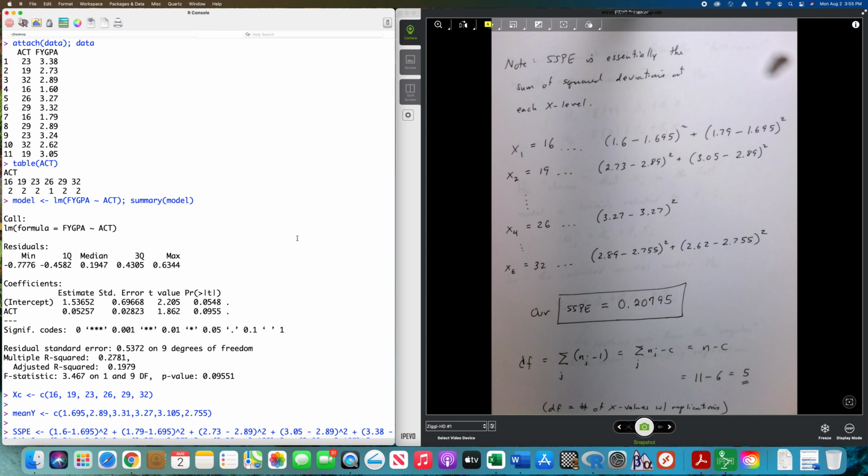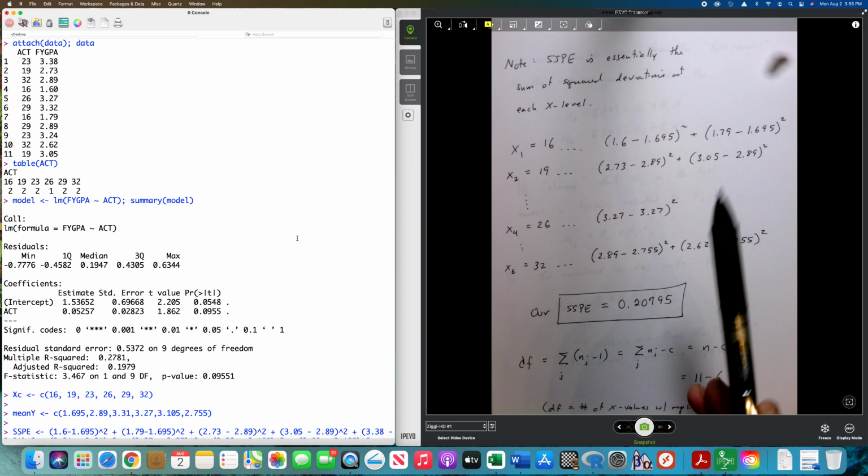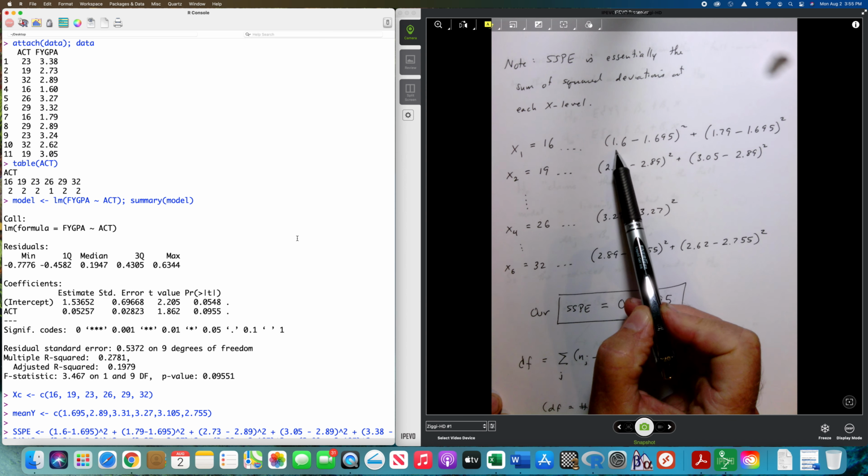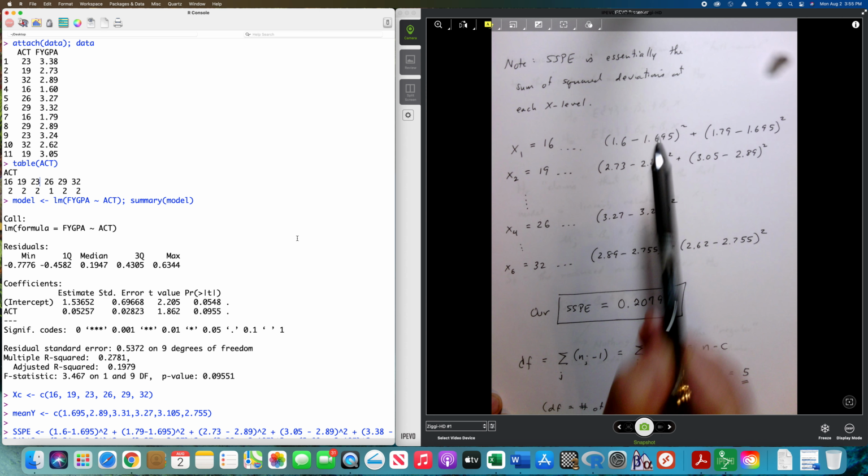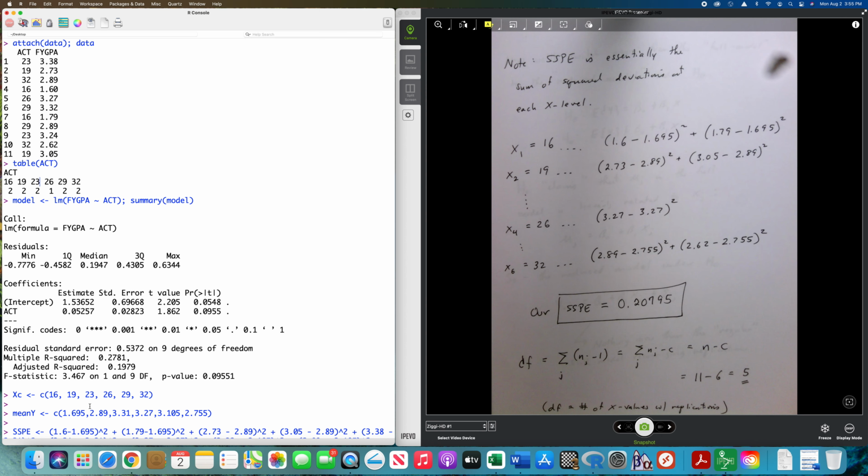So essentially, this SSPE is the sum of squared deviations at each x level. So for x1 equals 16, notice we have a y of 1.6. Again, the mean, let me go over here, the mean of the 16s is 1.695.